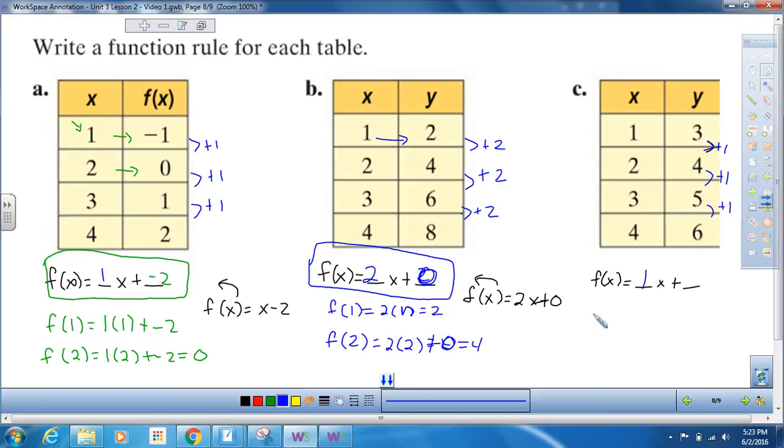So 1x. If I plug in 1, I want to get 3. 1 times 1 is 1. So I need to add 2 to get 3. Let me see if that works. 1 times 2 plus 2, that equals 4. Okay, so I am good.